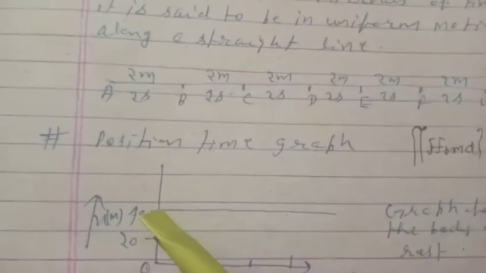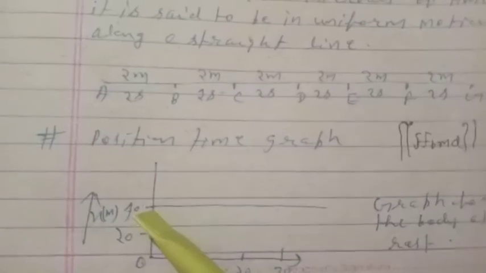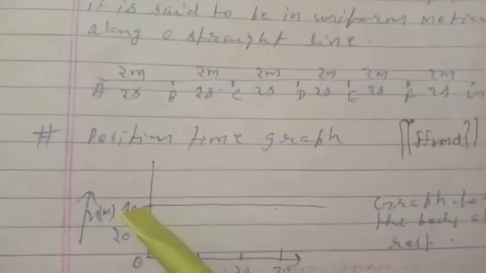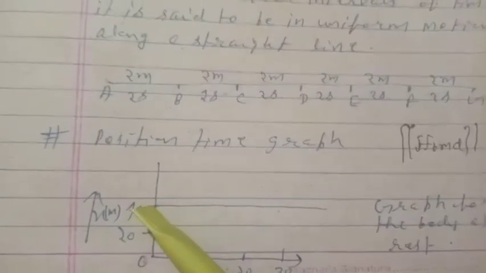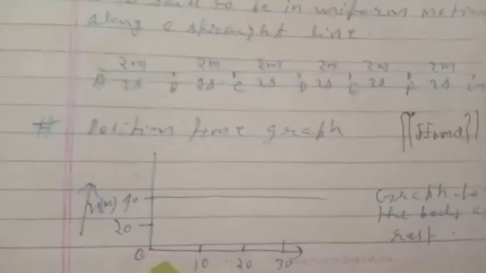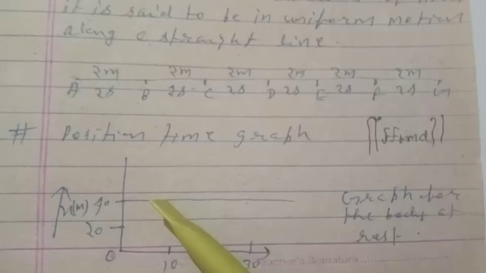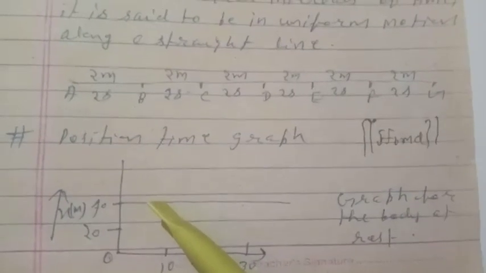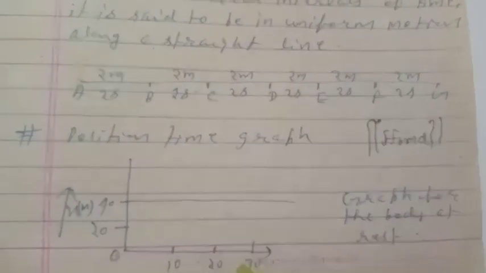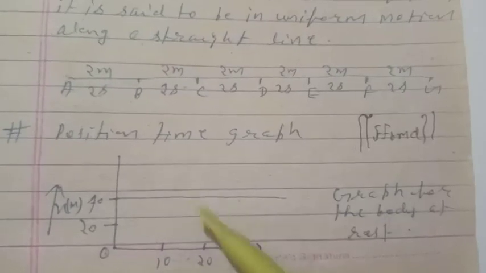It may be meter, kilometer, any unit you choose. Here I am choosing meter. Then the body is at 40 meter from its reference point at 0 seconds. Similarly, after 10 seconds, it is also at 40 meter from the reference point, and after 20 seconds too.